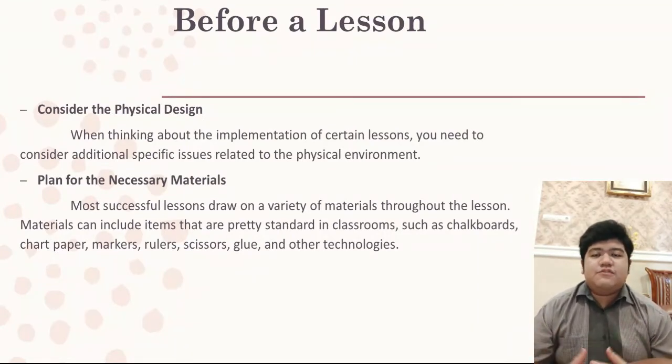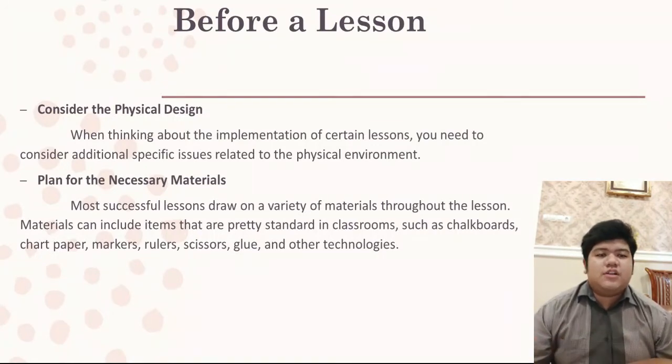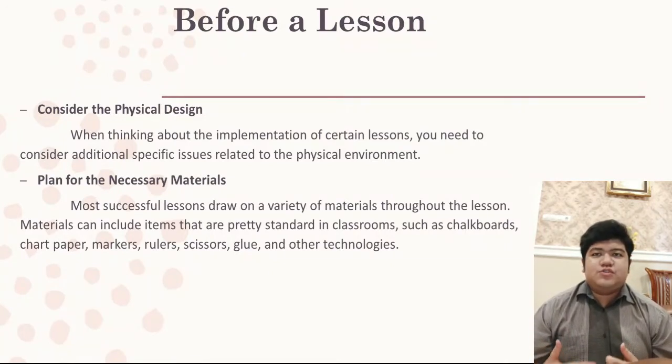But you have to know what kind of classroom you have. If it is a small classroom, you cannot force your class to do the simulation because it's really hard to find space, and also it's hard for students to hear you clearly.